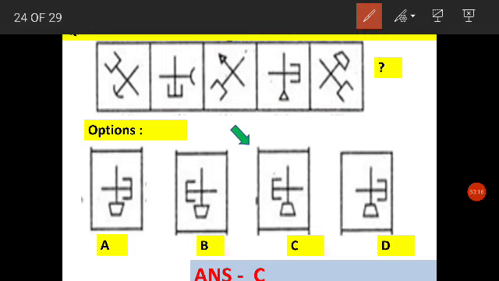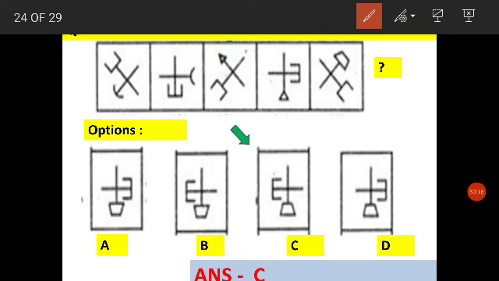The answer is C, because here you see this truncated cone has reversed, it has become like this, and this has also reversed.